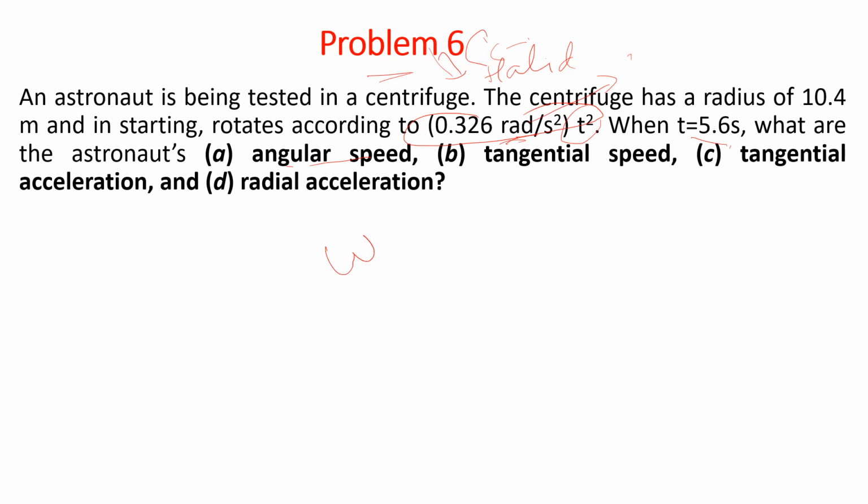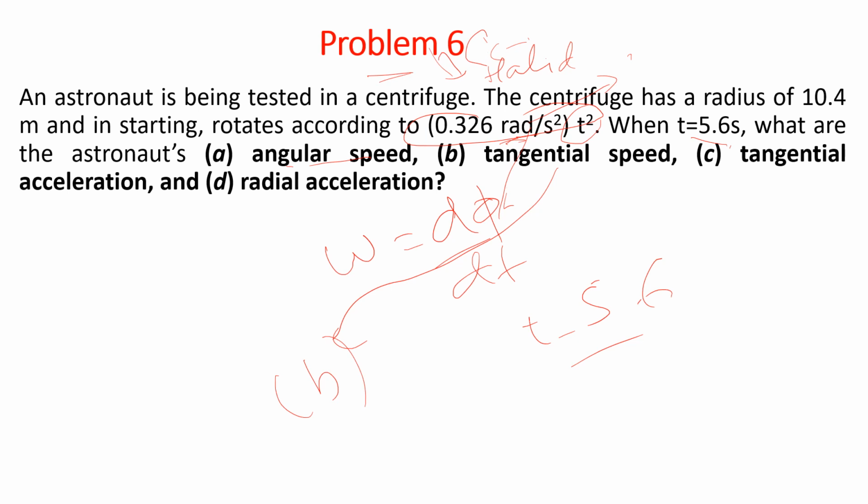Simple and straight. You take this derivative, and put t is equal to 5.6. For part b, that is the tangential speed, simply you need to use the relation which we have found just now. You go to this and use the radius and simply you get the tangential speed.